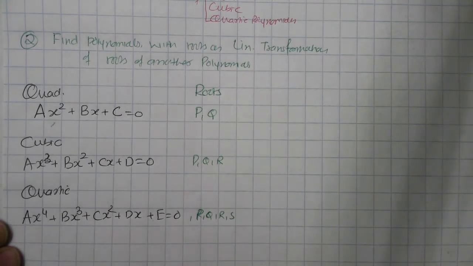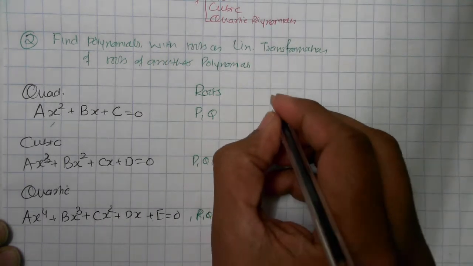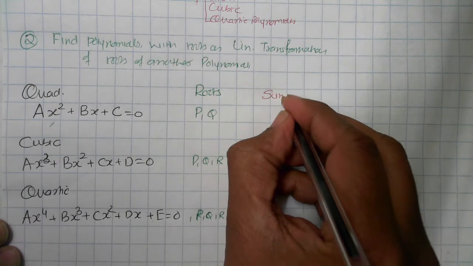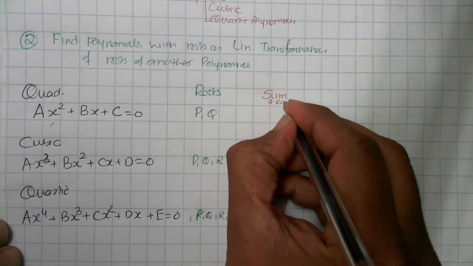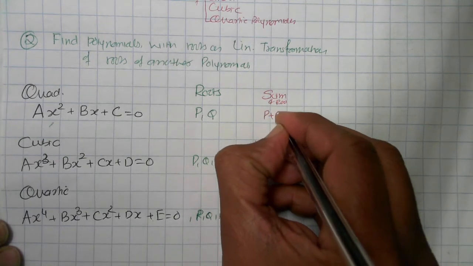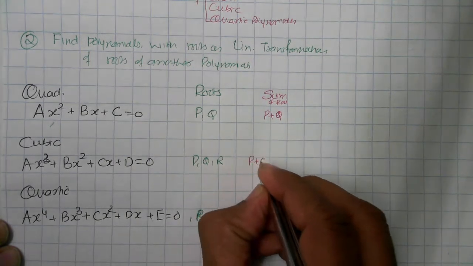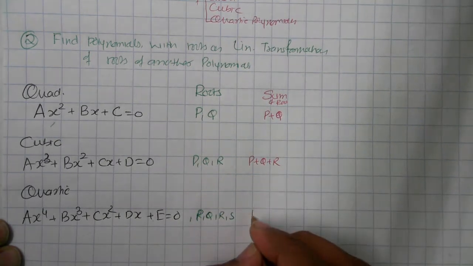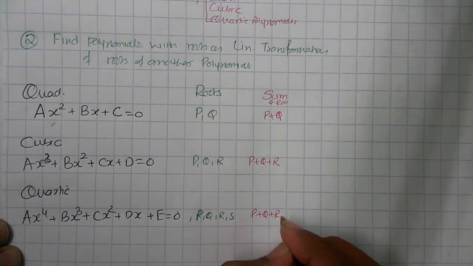So guys, the relationships we want to talk about are these. Listen very, very carefully. This is important. If I say the sum of roots, I get P plus Q here, P plus Q plus R here, and P plus Q plus R plus S here.